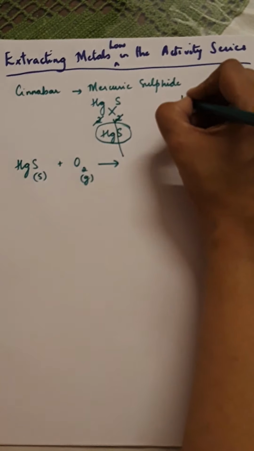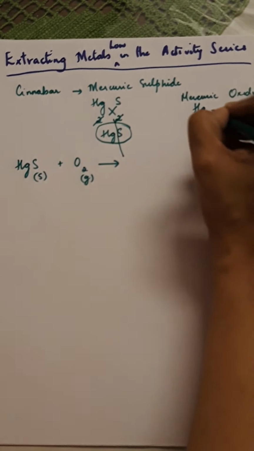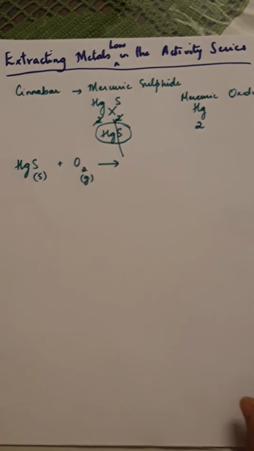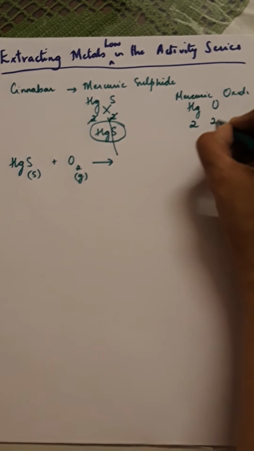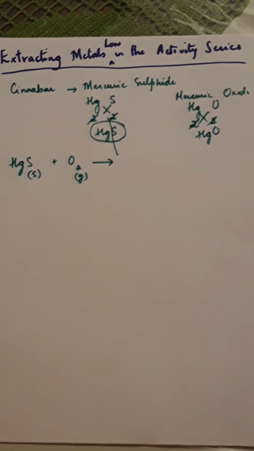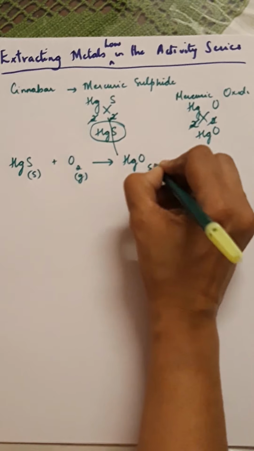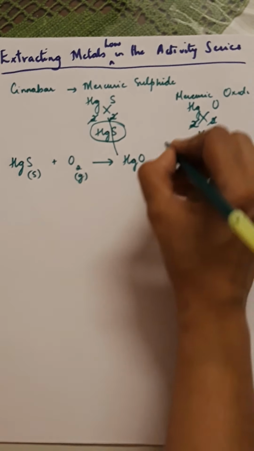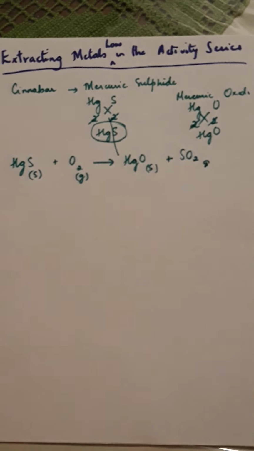Now I'll write the formula of mercuric oxide first. Mercuric is Hg, valency is 2. Oxide is O, valency is 2. So the 2s will cancel, and you get HgO, mercuric oxide, which is again a solid, plus you get sulfur dioxide gas.